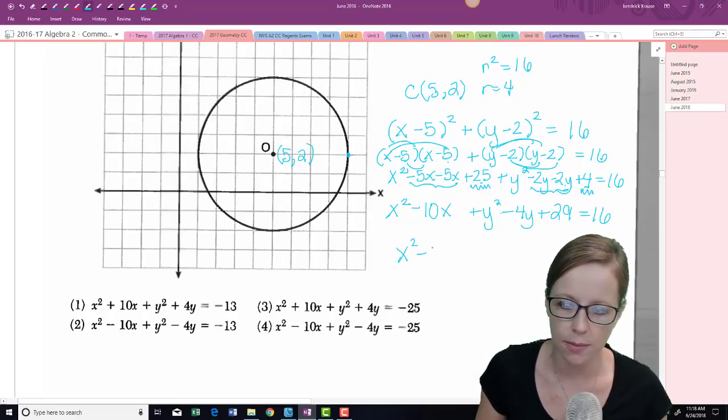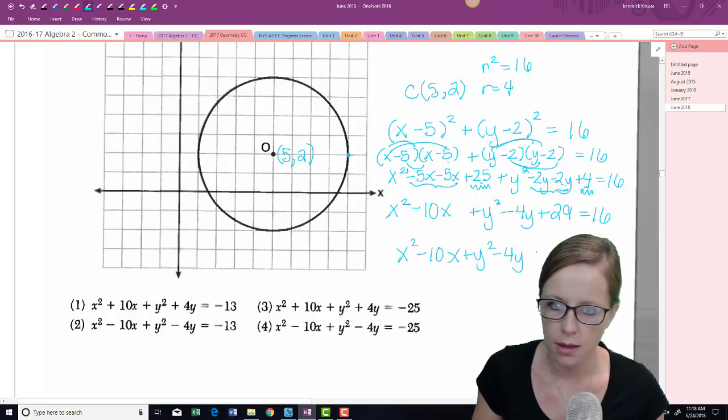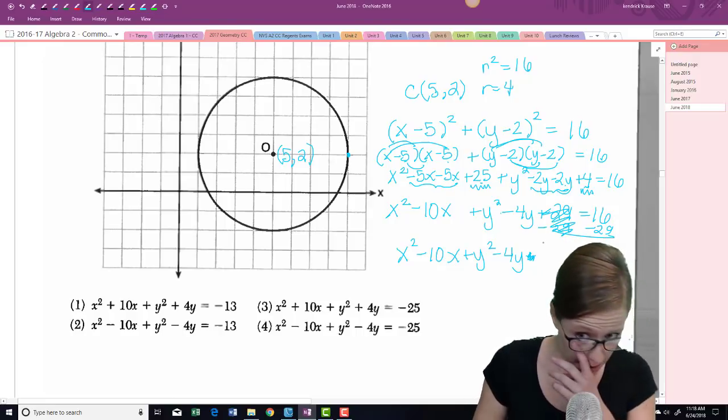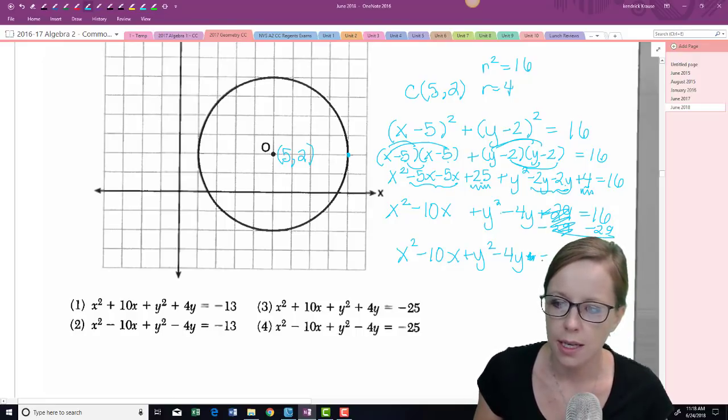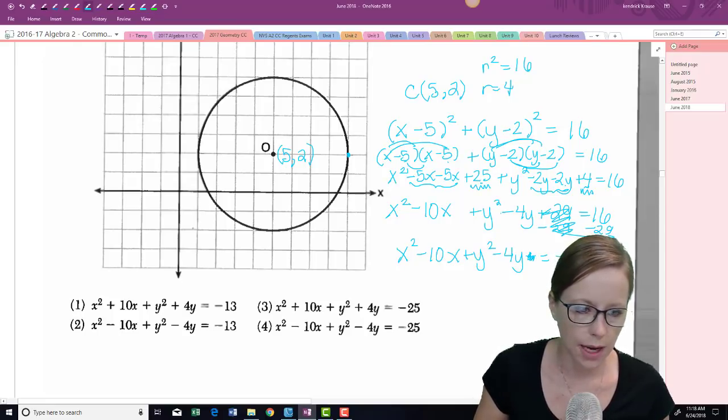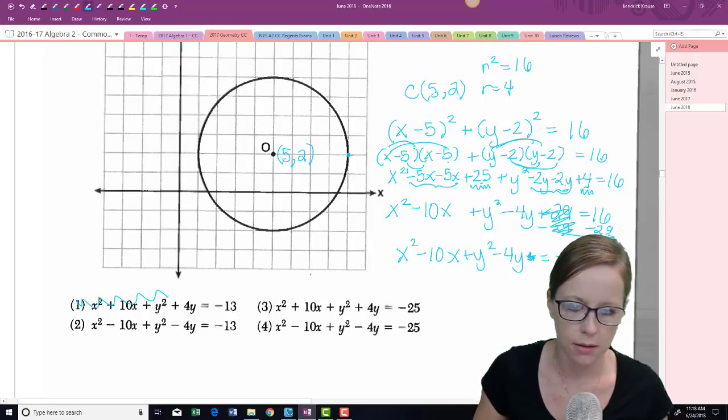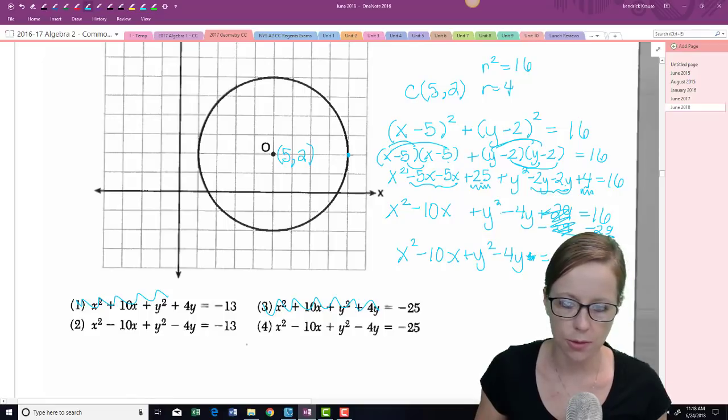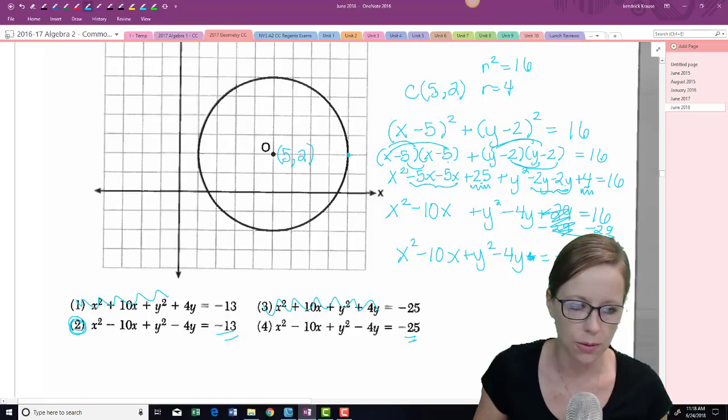So I'm going to subtract the 29 over to the other side. 16 minus 29 is negative 13. So we do not have a plus 10x, so it's not choice 1 or choice 3. Choices 3 and 4 are the same, except for what they're equal to at the end. And so it has to be choice 2.